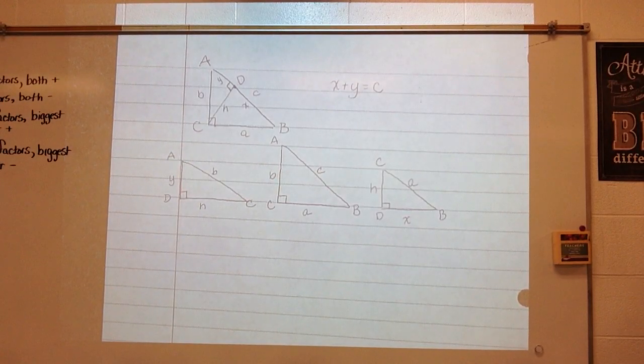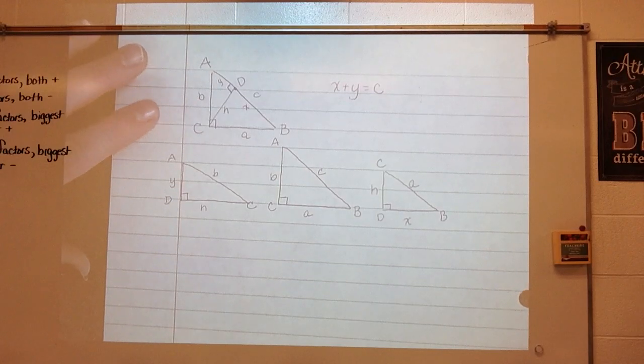So we want to prove the Pythagorean theorem using what we know about similar triangles and the ratios that we wrote in lesson 23, which we really didn't talk about a whole lot. But if you remember, going back to lesson 23, we had some ratios that we could look at based on similar triangles.